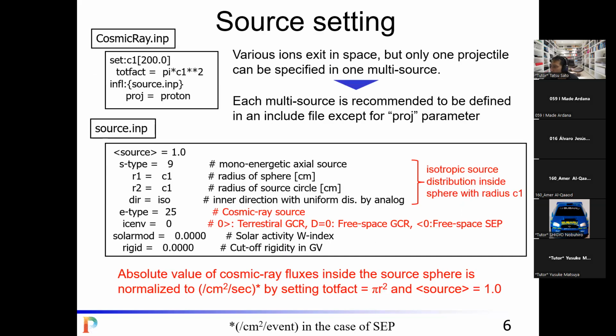Okay, so I got a question. Is it possible to simulate the real altitude of the atmosphere, or will this be CPU consuming? The answer is yes. You can reproduce a certain cosmic ray environment at a 12-kilometer altitude, like a flight altitude, and it just changes the spectrum. So CPU time is basically the same.